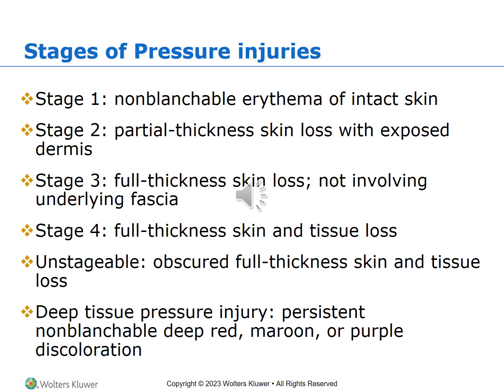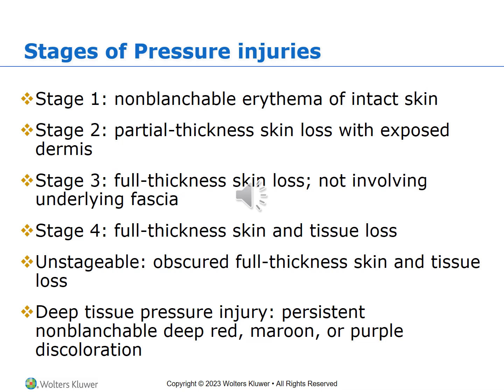So once the slough and the eschar are removed, it could possibly be a stage 3 or a stage 4. However, if the eschar is stable on the heel or an ischemic limb, it should not be softened or removed because it may become a chronic wound that never heals and may just be opening up a can of worms, right? At risk for infection and possibly amputation.